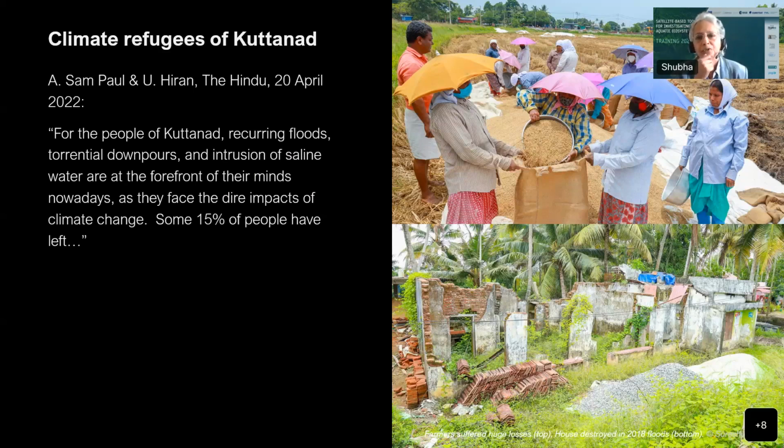Again, I revert to a newspaper article from this region, and they say that this repeated flooding, torrential downpours, intrusion of saline water, and disasters such as these are wearing down the resilience of a part of our study area called Kuttanad, which is commonly referred to as the rice bowl of Kerala. The floods caused tremendous devastation to the harvest of rice in that particular year.